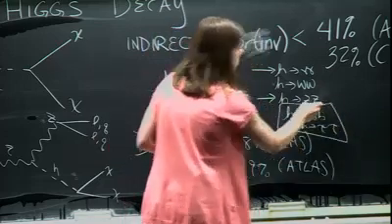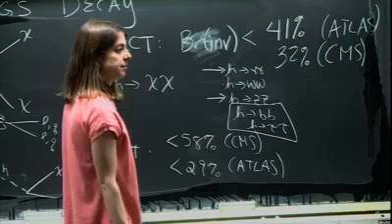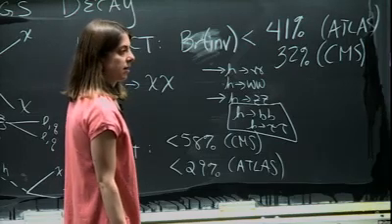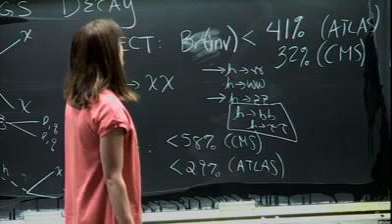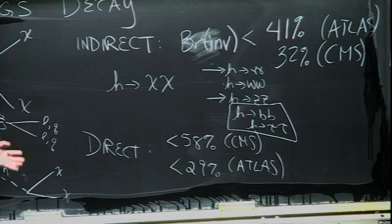These have very big error bars on them so far. We also know the different production modes for the Higgs, so if you assume standard model production modes, that gives you the fraction. It could potentially, depends on the model.